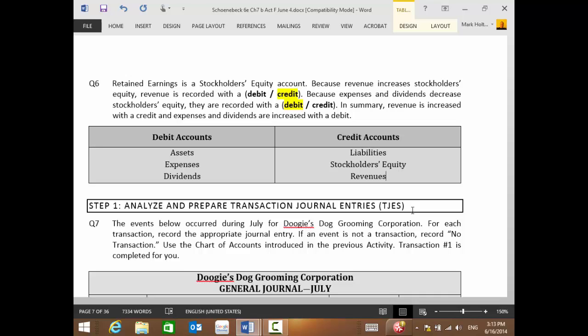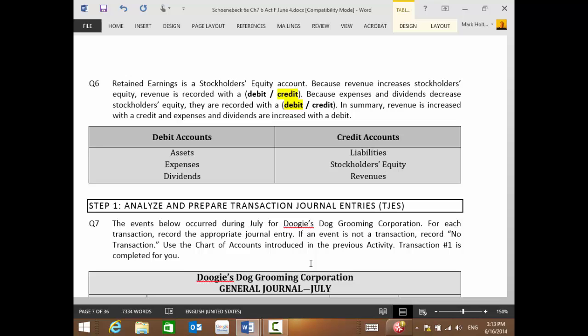Now, let me help you avoid confusion here, because this is where there frequently is confusion. Forget what you know about debits and credits and the normal meaning of these words, because debits are not bad and credits are not good or anything like that. If you look for things that they have in common here, what you initially think won't work. So you might think that revenues are good, right?